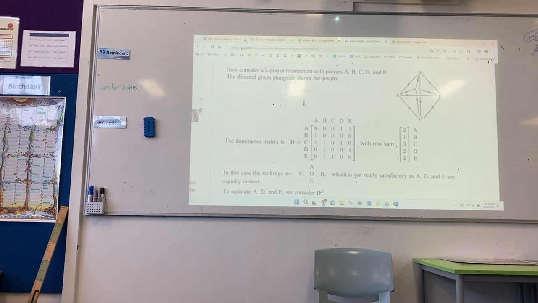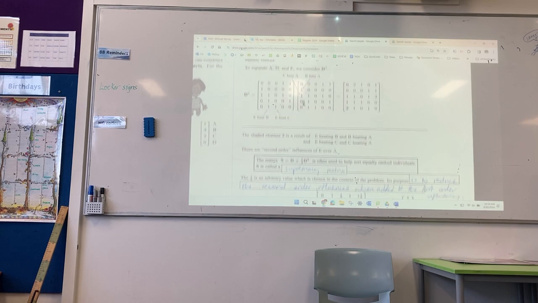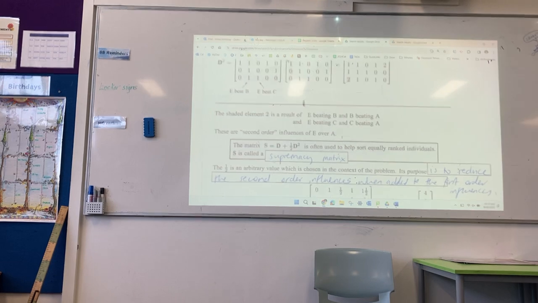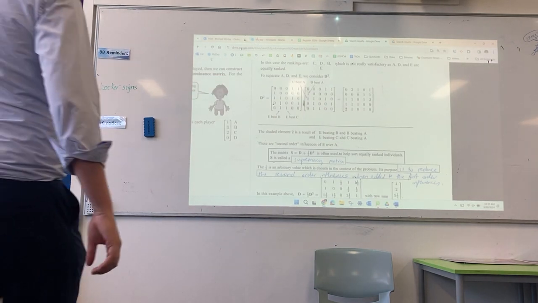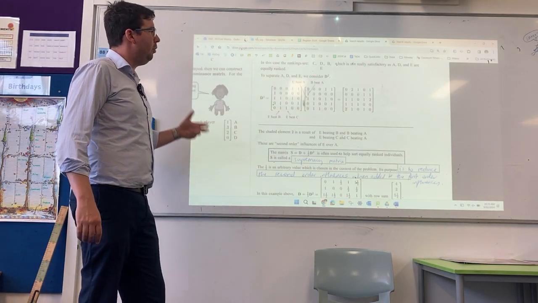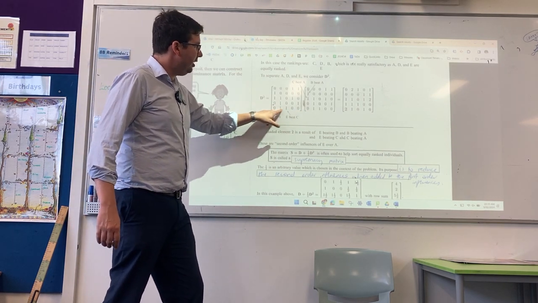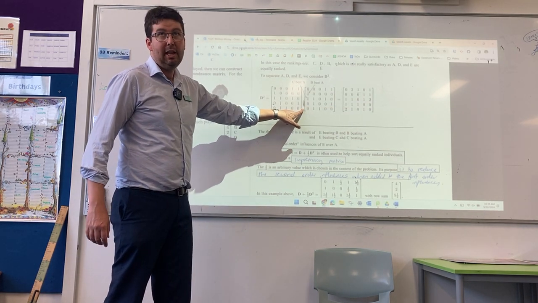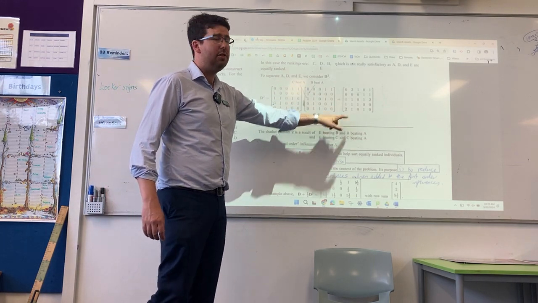So to break ties, we use matrices, sometimes consider D squared. Let's have a look at D squared here. If we have a look at D squared, and remember how matrix multiplication works, when we look at this number 2 here, where that 2 comes from is we get every element in the last row and we multiply it by every element in the first column, and that gives us this 2.